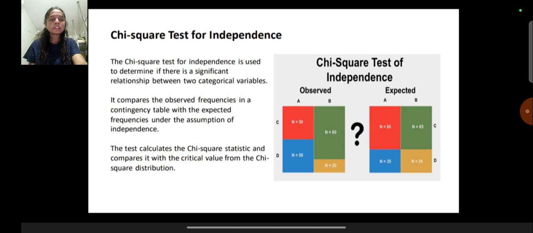It compares the observed frequency in a contingency table with the expected frequency under the assumption of independence. The test calculates the chi-square statistic and compares it with the critical value from the chi-square distribution. This is about how we test for independence using chi-square distribution.